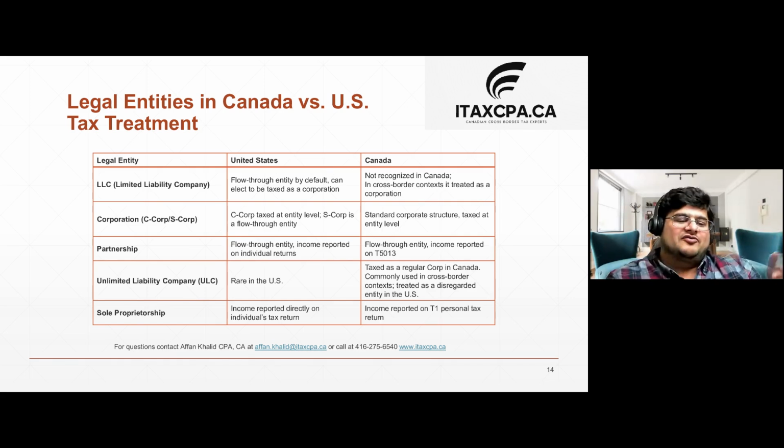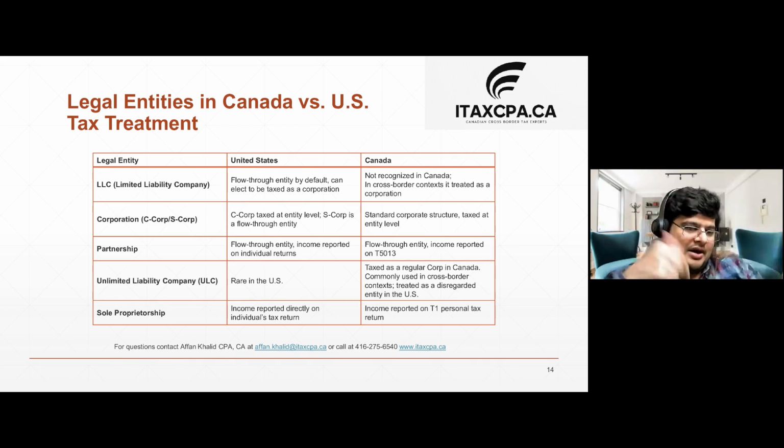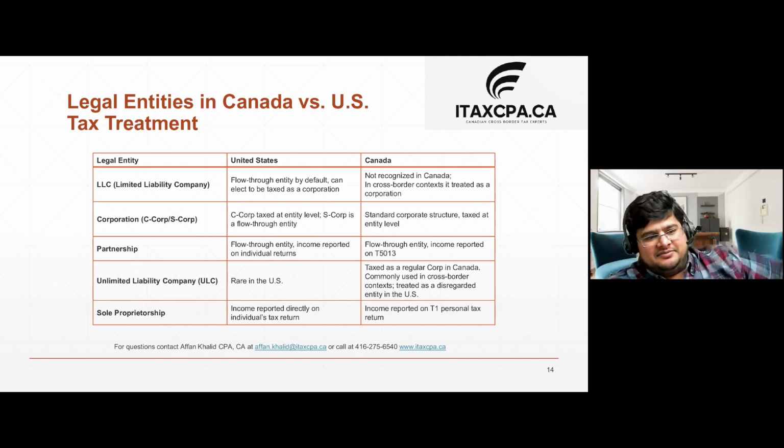But in a cross-border context, the US rules will view a Canadian ULC as a disregarded entity or partnership, depending on single member or multiple members, and that can help instead of using a regular corporation. Okay. And then finally, we have the sole proprietorship, which is an unincorporated individual.